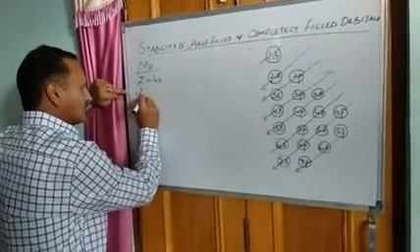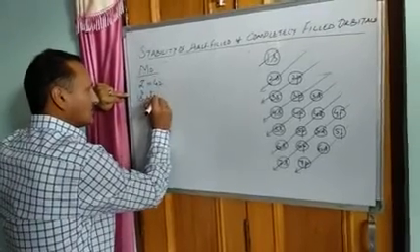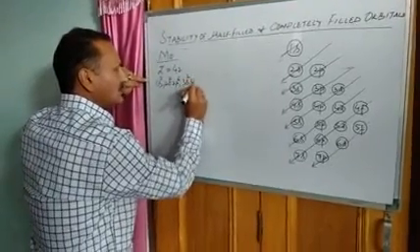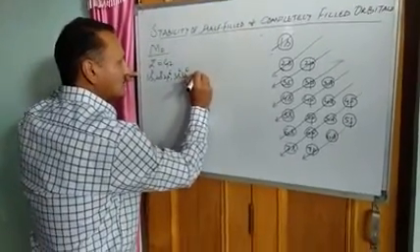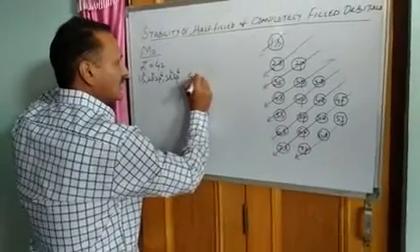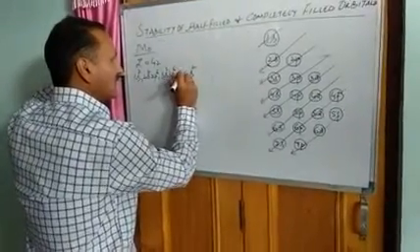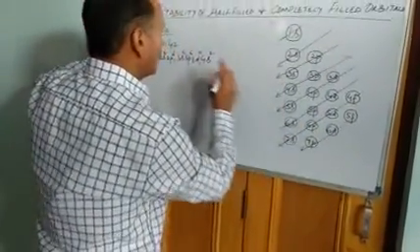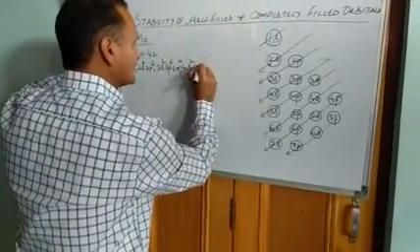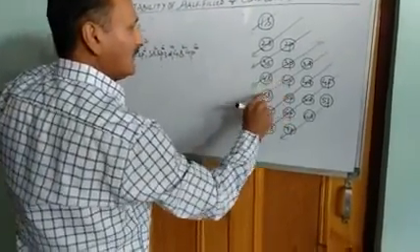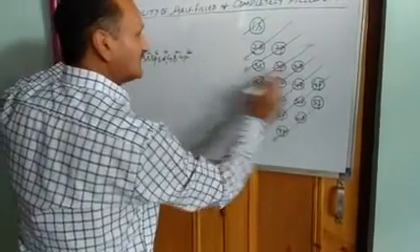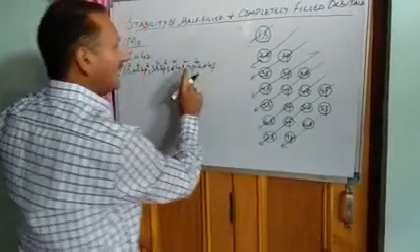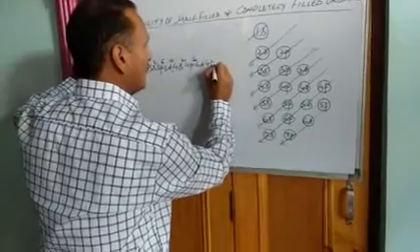I will get 1s2, 2s2, 2p6, 3s2, 3p6, 4s2. I am proceeding as per Aufbau table. 3d10. After 3d10 I will move to 4p, 4p6. After 4p, 5s. I will keep 4d and 4f vacant. Why? Because as per Aufbau table, after 4p, I have to move to 5s.